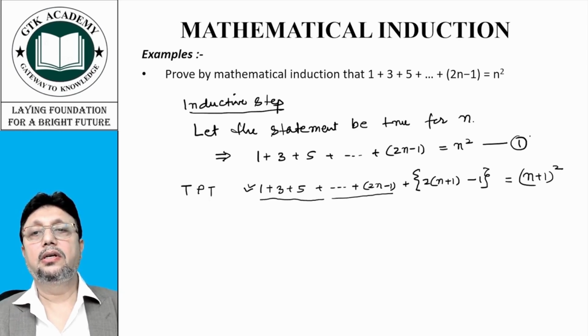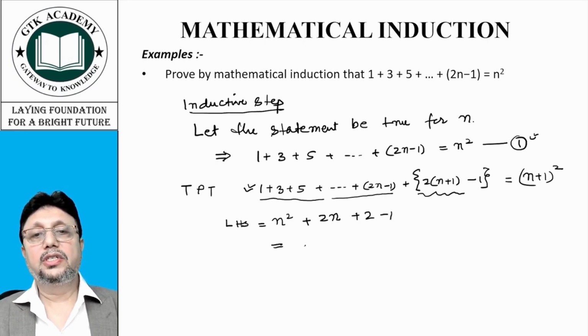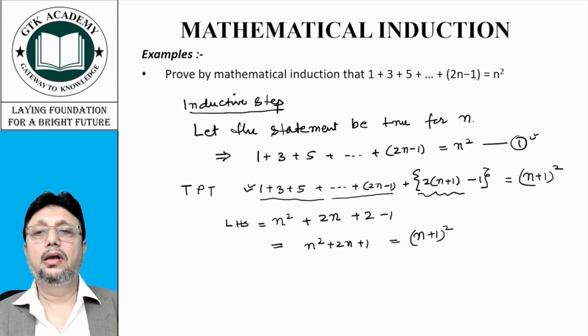Expression is n square. That means our left hand side is n square plus 2n plus 2 minus 1, which is equal to n square plus 2n plus 1, which is equal to n plus 1 whole square, which is what you have to prove.